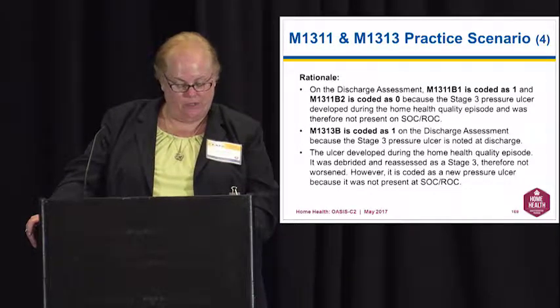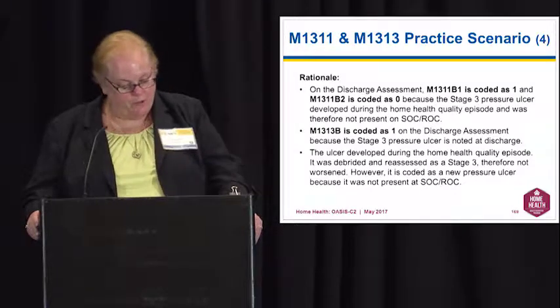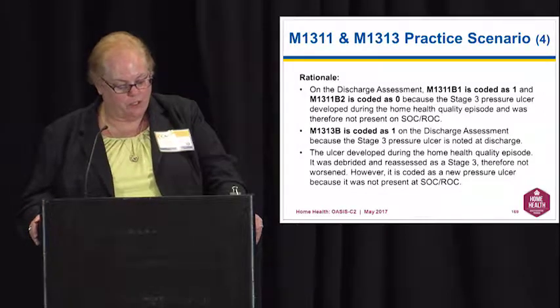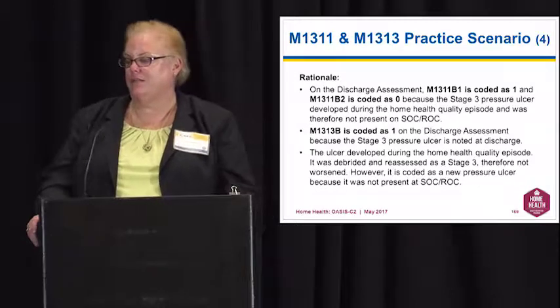Then M1313B1 is coded as 1 on the discharge assessment because the stage 3 pressure ulcer is noted at discharge. The ulcer developed during the home health quality episode. It was debrided and reassessed as a stage 3, therefore not worsened. However, it is coded as a new pressure ulcer because it was not present on the SOC/ROC.